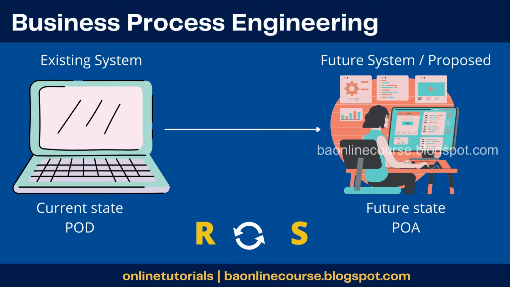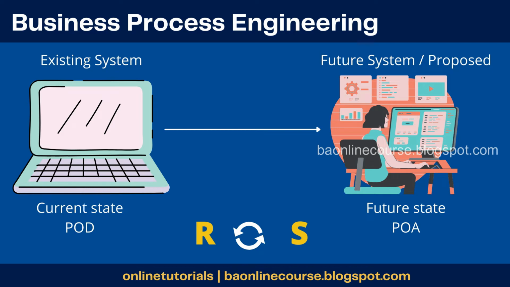And we aspire to make it better, and then we want to arrive at a state which is called a point of arrival, right? So this is the point of departure, this is the point of arrival, or we also call it the future state of how the future system should look like, or the to be state, right?